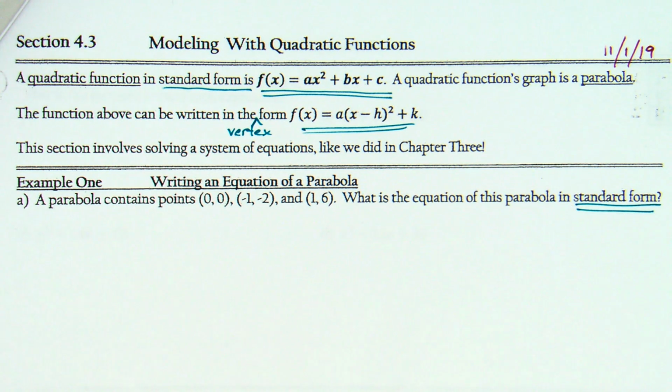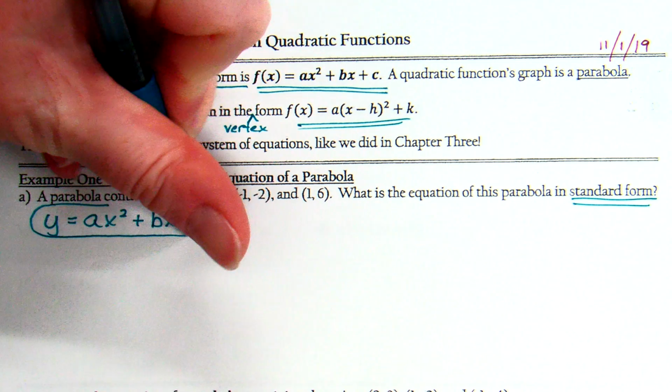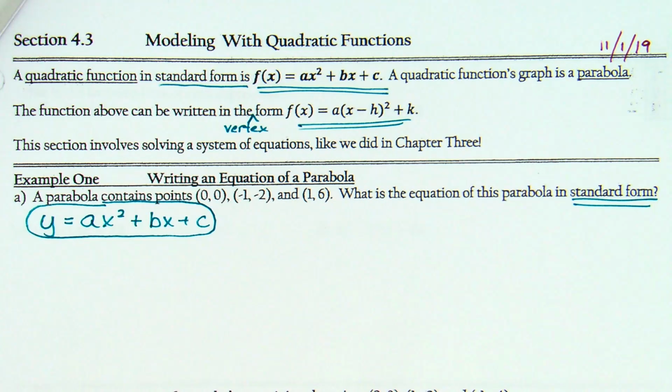Okay, now one difference is I'm going to write y equals. Same idea though. So y equals ax squared plus bx plus c. That is my goal of what I want to write in the end. Which means I need to find three things. I need to find A, B, and C.